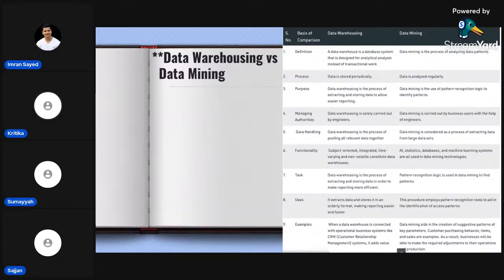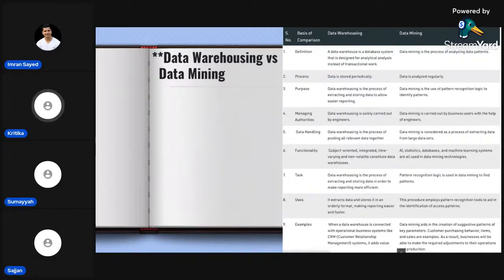Task: data warehousing is the process of extracting and storing data in order to make reporting more efficient. Pattern recognition logic is used in data mining to find patterns. Uses: it extracts data and stores it in an orderly format, making reporting easier and faster. This procedure employs pattern recognition tools to aid in the identification of access patterns.